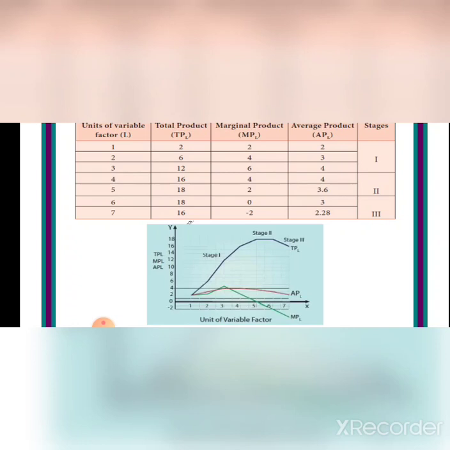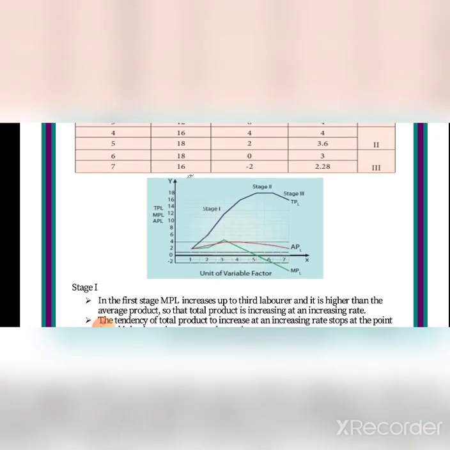So you see the diagram: on the y-axis TPL, MPL, that is total product, marginal product and average product are given, and on the x-axis, units of variable factor are given. As I told you, you will write the tabular column and draw the diagram in your note, and with that you will write the illustration for the explanation of the diagram.